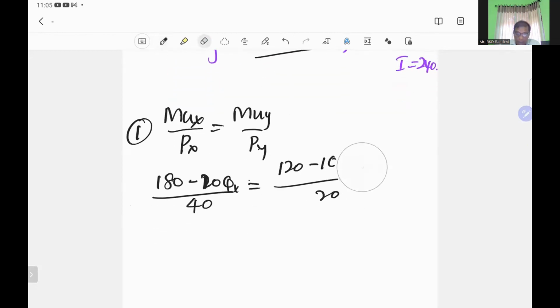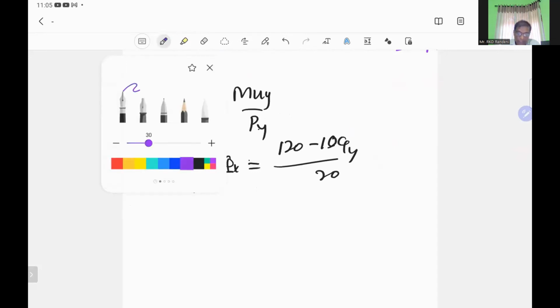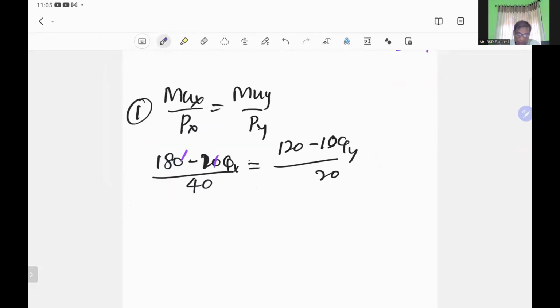Right? Now you can simplify this. You can divide by 10, all the data, you can remove the 0 here. Both sides you can divide by 10. So cross multiply that.